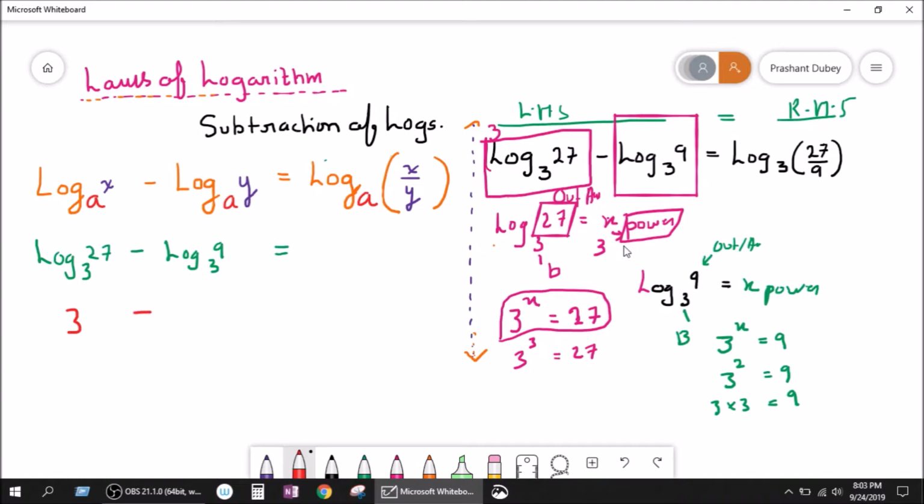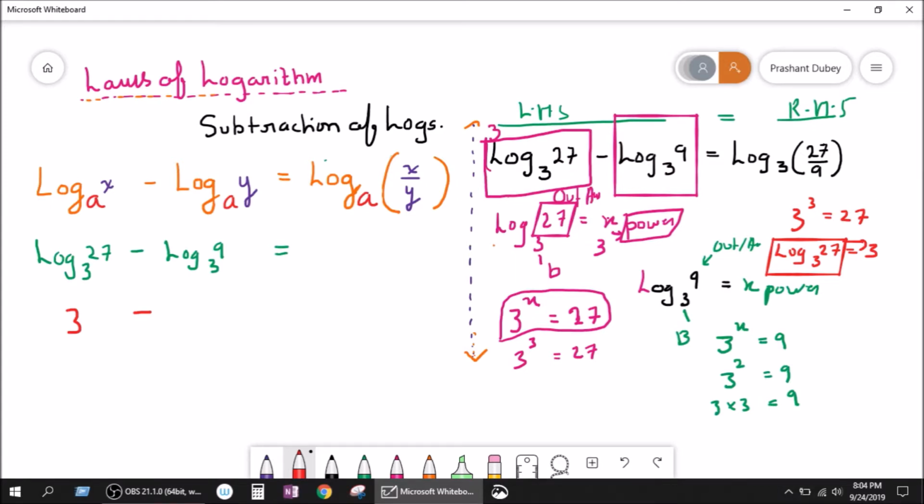Why 3? Because 3 to the power 3 is equal to 27, and if you write this in log form, it will be log to the base 3 of the output 27 is equal to the power. So log 27 to the base 3 is equal to 3. That's why we got 3.